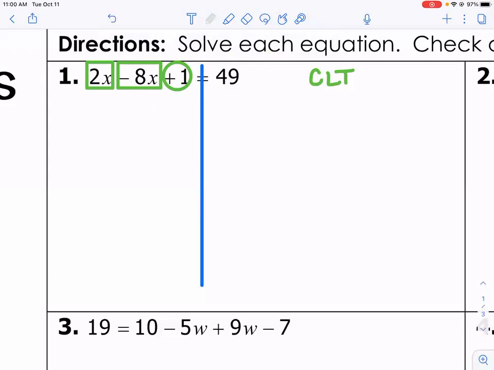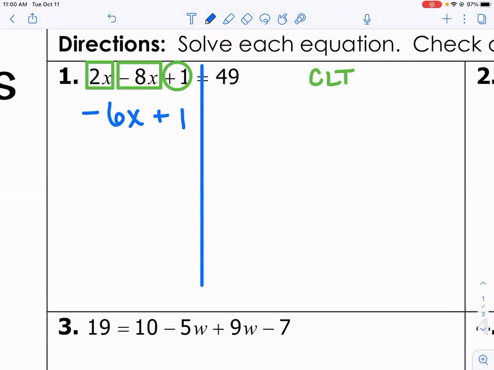So if we combine like terms, Tyler, what is 2x minus 8x going to be? Okay, negative 6x plus 1.